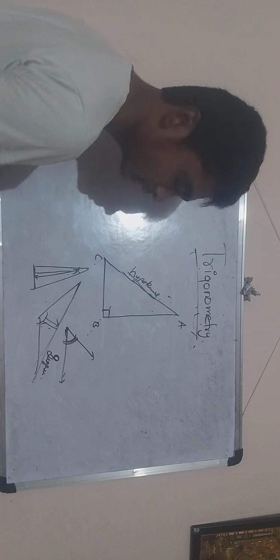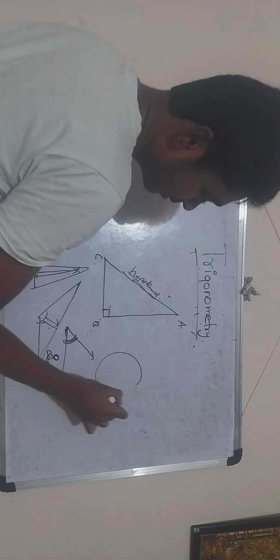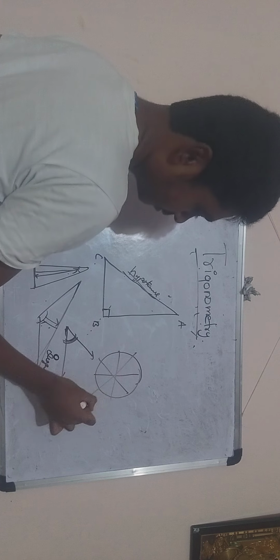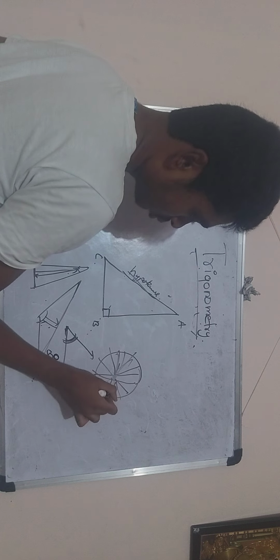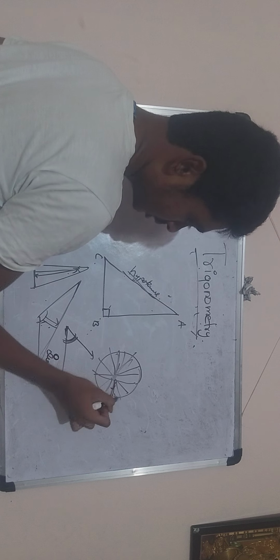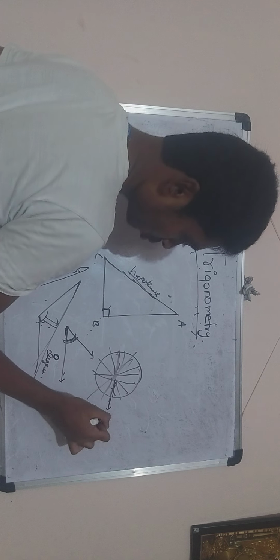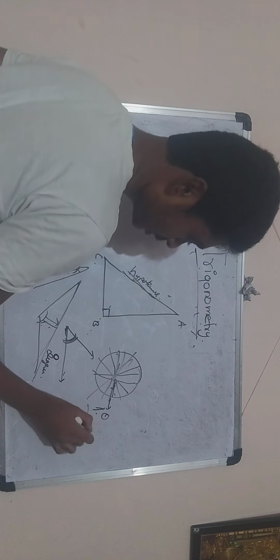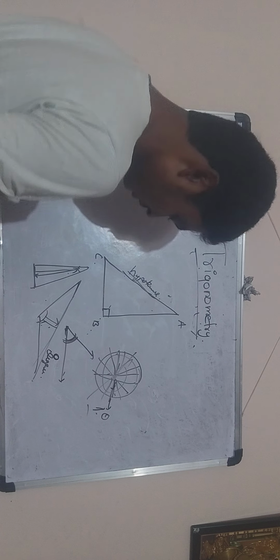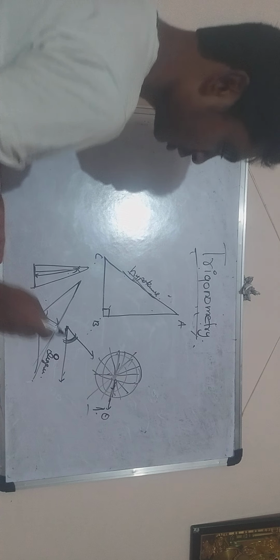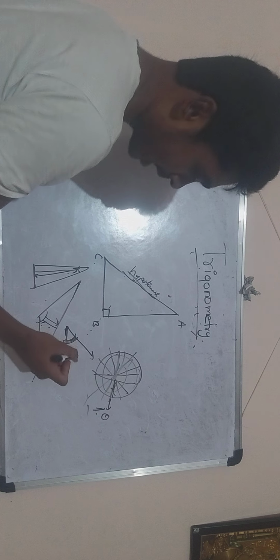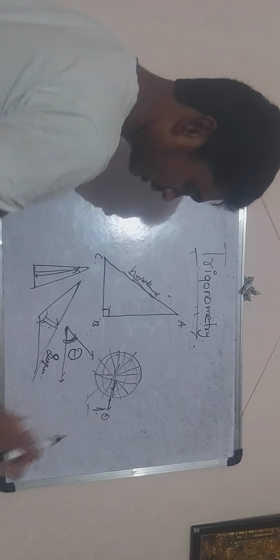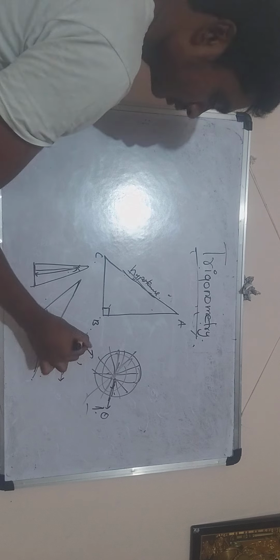One degree means when we divide a circle into 360 equal parts, one equal part is said to be one degree. The symbol used to denote an angle is theta.